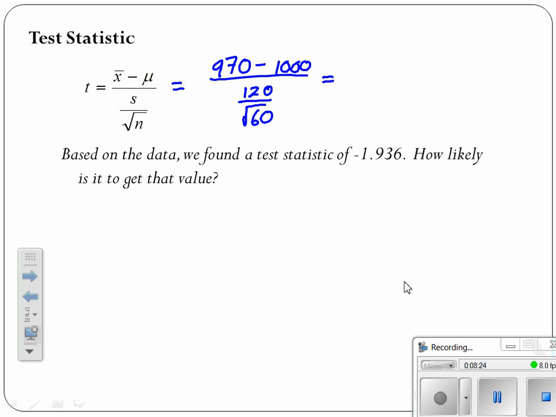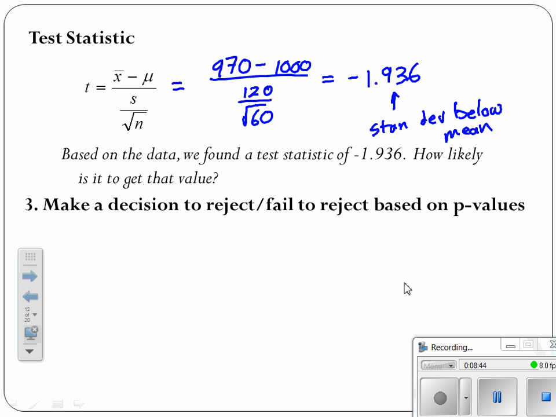And what we should have realized, if we did that, that's negative 1.936. So, in other words, how likely is it that we are 1.936 standard deviations below the mean? Well, we know from just empirical rule and everything, that's not all that likely.